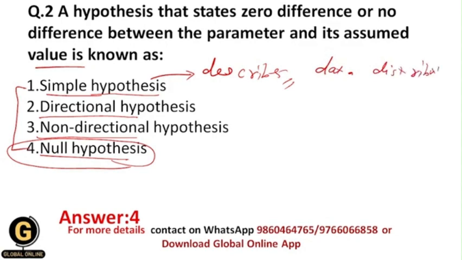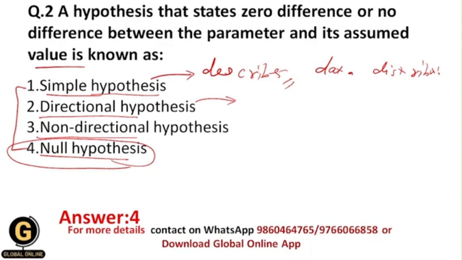Okay, then next is directional hypothesis. As the name suggests, directional hypothesis. So directional hypothesis predicts the direction of the results of the hypothesis, and it also predicts the relationship between the variables.